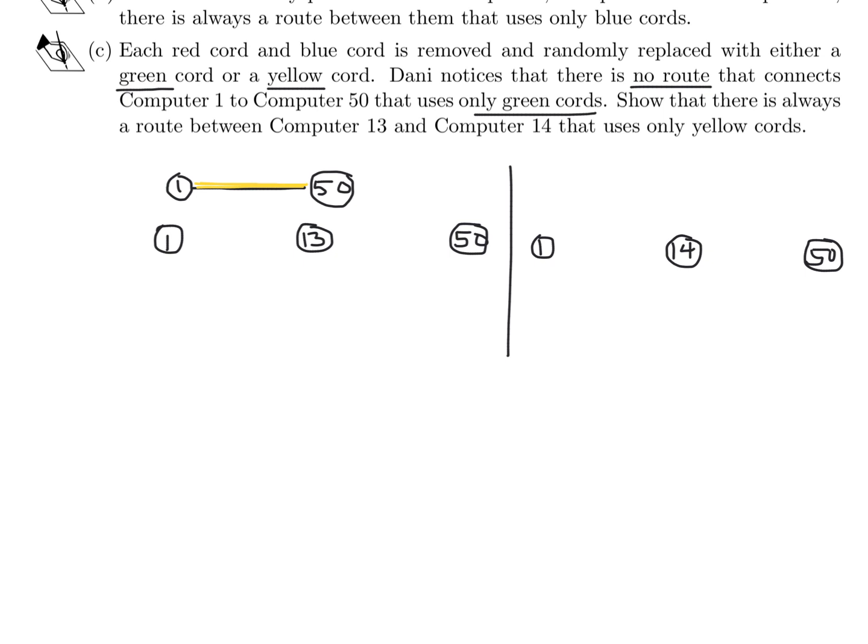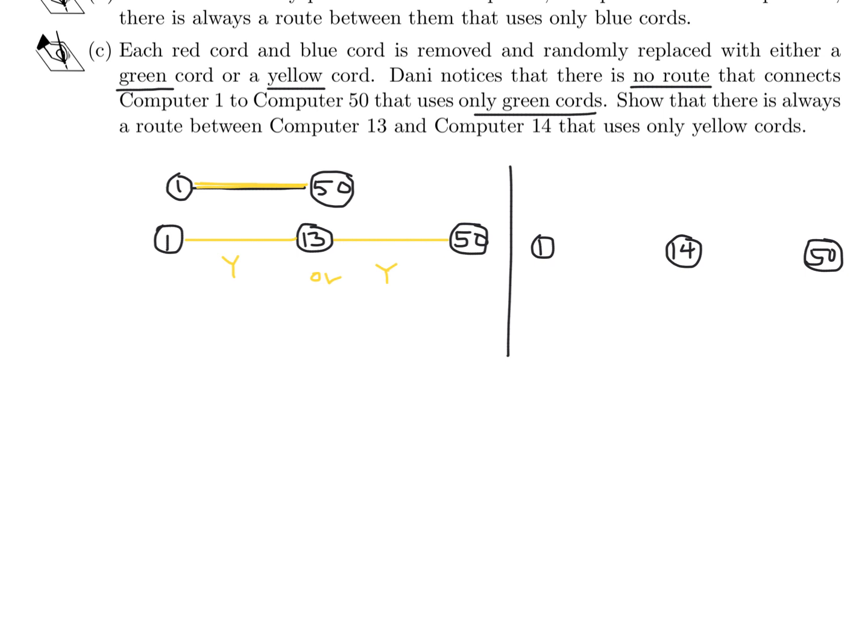So either this has to be yellow or that has to be yellow. Because they both can't be green, since there is no route that connects 1 to 50 using only green chords. Okay, I got it.